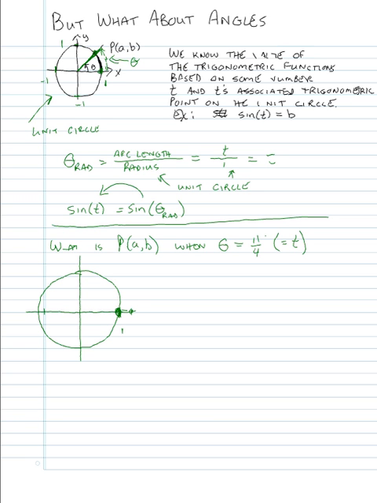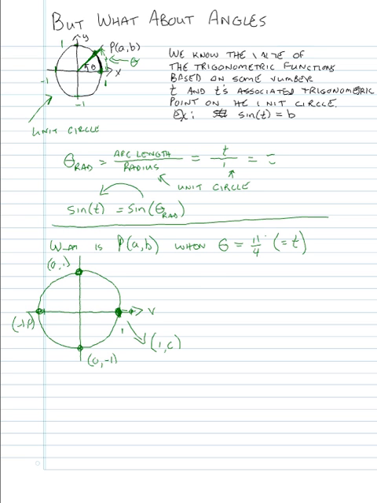So this point, because this is the x-axis and that's 1, has an x value of 1 and a y value of 0. Now this point has an x value of 0 and a y value of 1. This point, because this is a unit circle, has an x value of -1 and a y value of 0, and this point has an x value of 0 and a y value of -1.